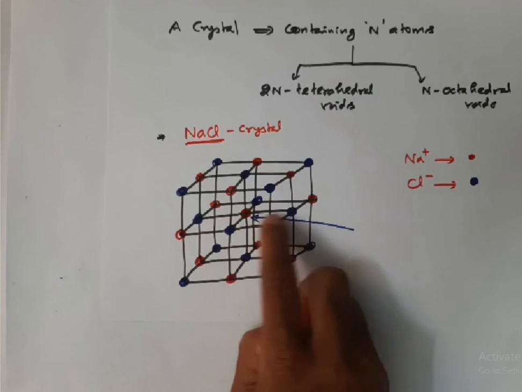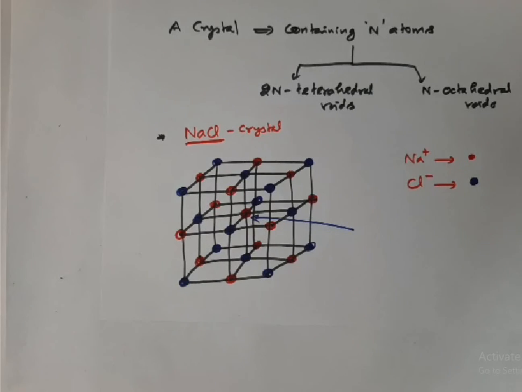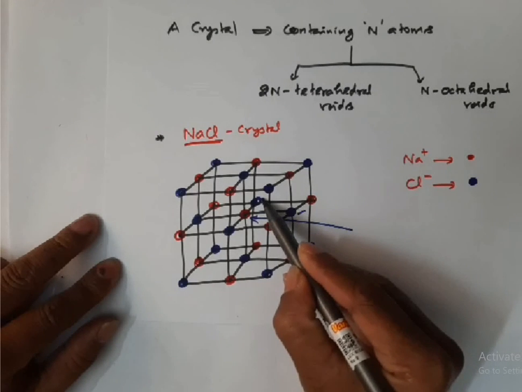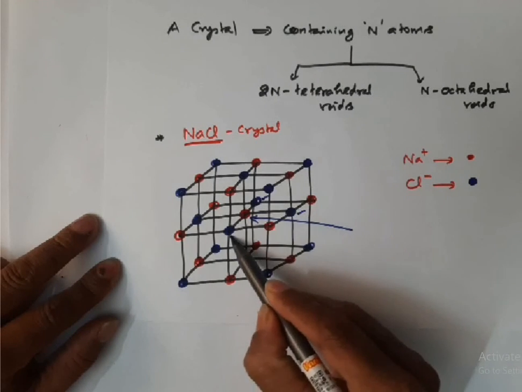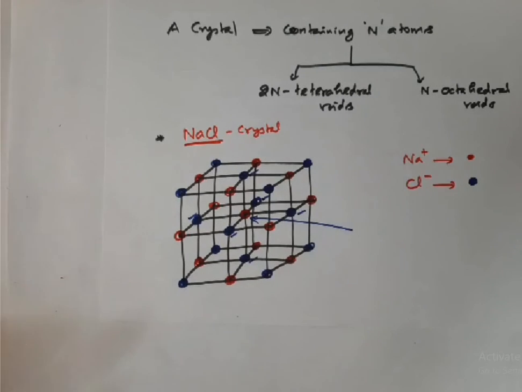And how many chloride ions are present close to the sodium ion? Observe this carefully. This is chloride ion 1, chloride ion 2, 3, 4, top 5, bottom 6, correct? Am I right, students?